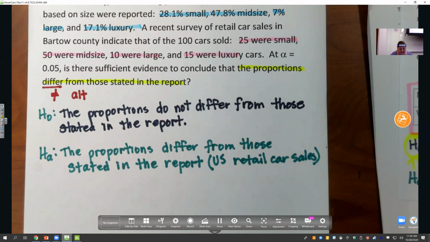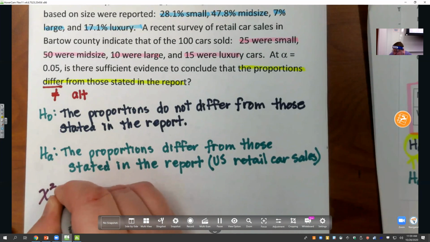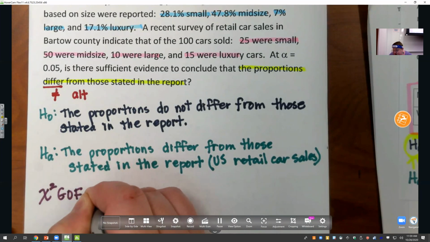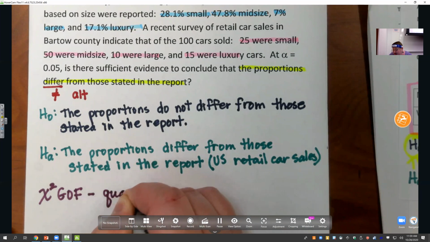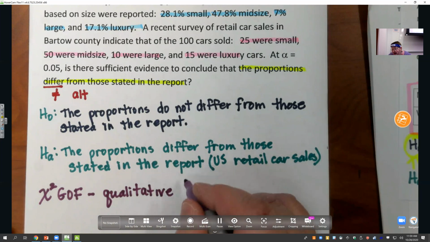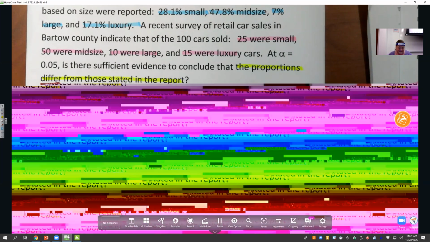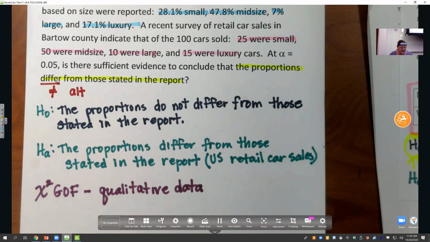But again, hopefully you can recognize that this is a chi-square goodness of fit problem, because we have qualitative data. We have the categories of cars, whether it's small, mid-sized, large, or luxury. That's how we recognize we're doing chi-square.